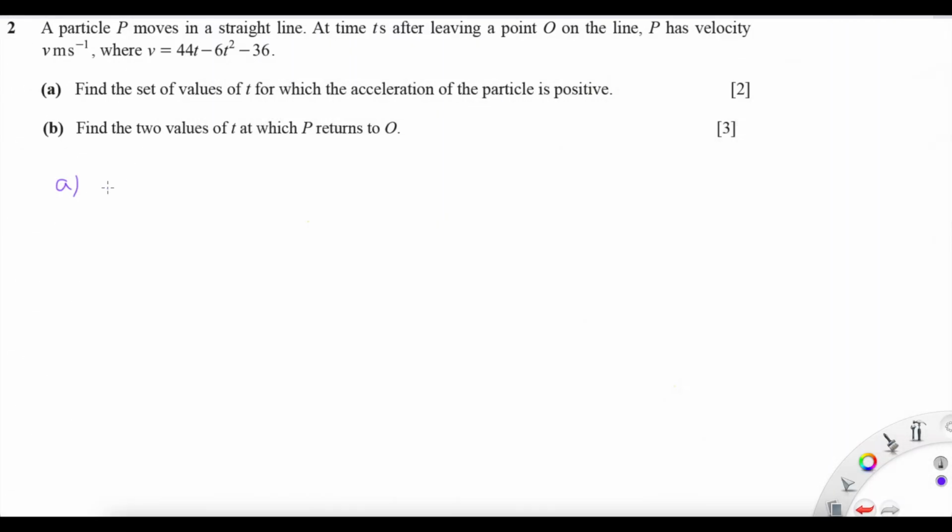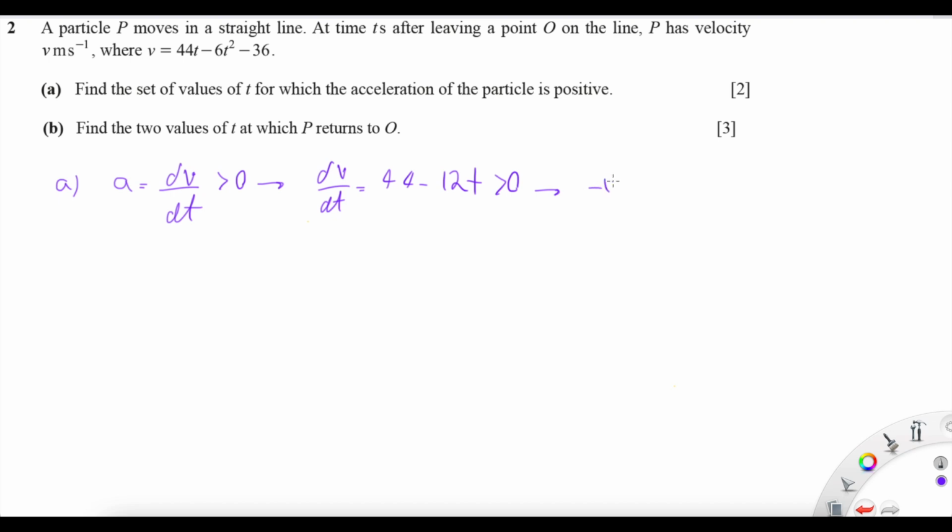For the first part, we know that acceleration is equal to the rate of change of velocity with respect to time, and it's supposed to be positive. So let's first find dv/dt. dv/dt will be 44 minus 12t, which is supposed to be positive.